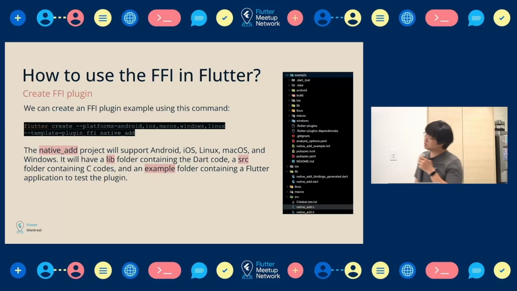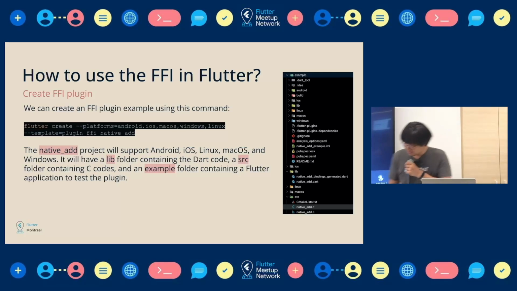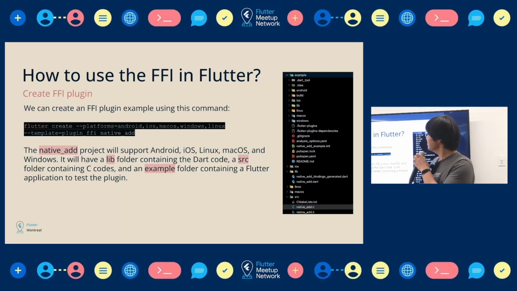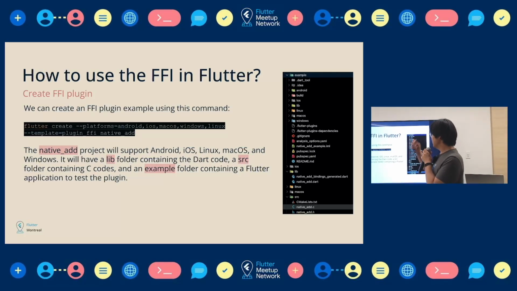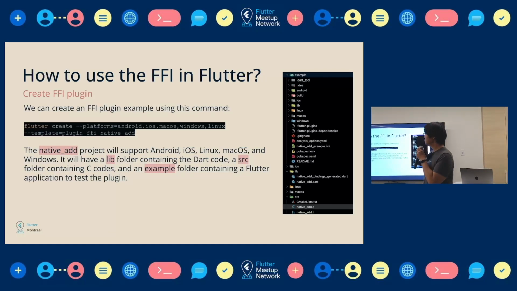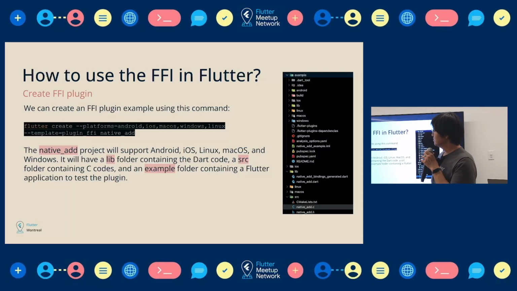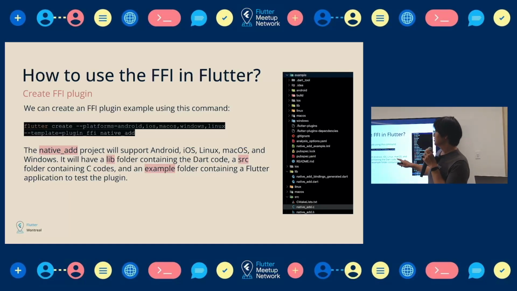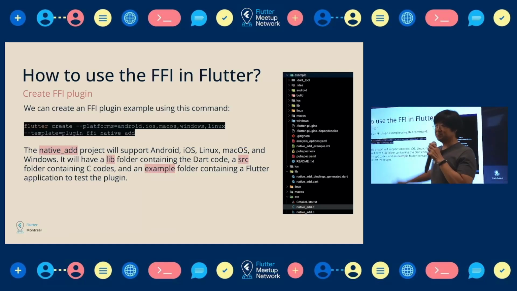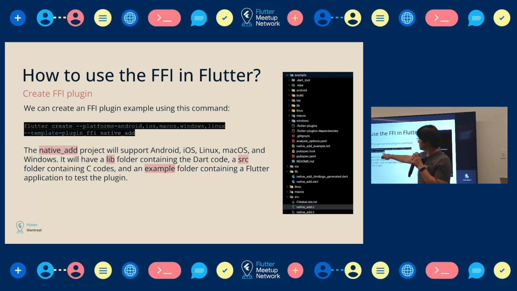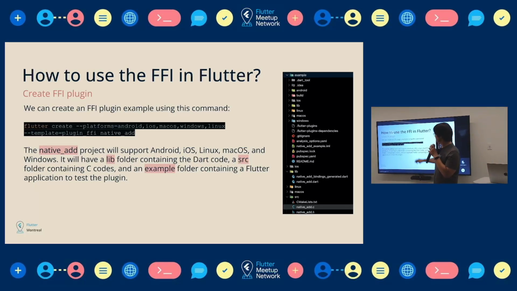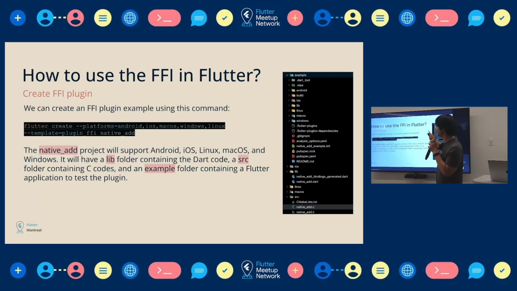So how to use FFI in Flutter? Actually, I'm going to come here. In Flutter, they provide a template to make a plugin application for native applications. You see the flutter create command to create your project. Then I just indicate the different platforms: Android, iOS, macOS, Windows, Linux.